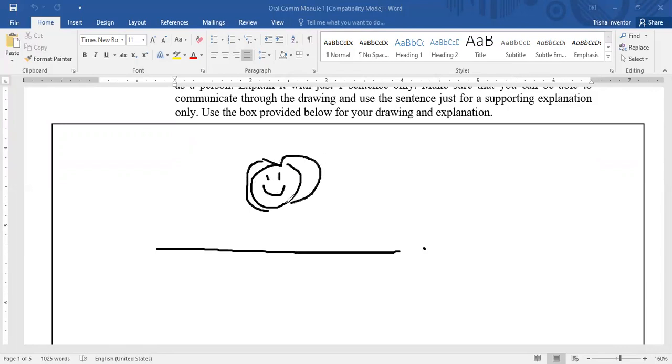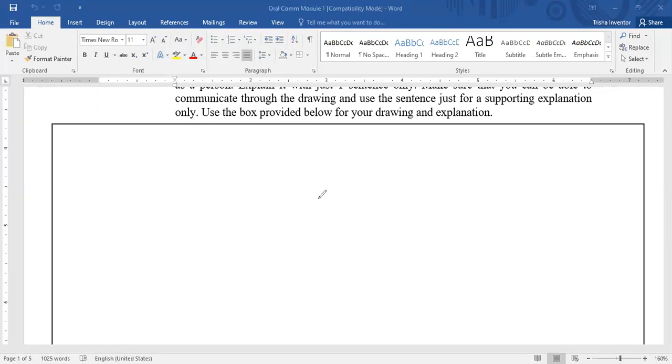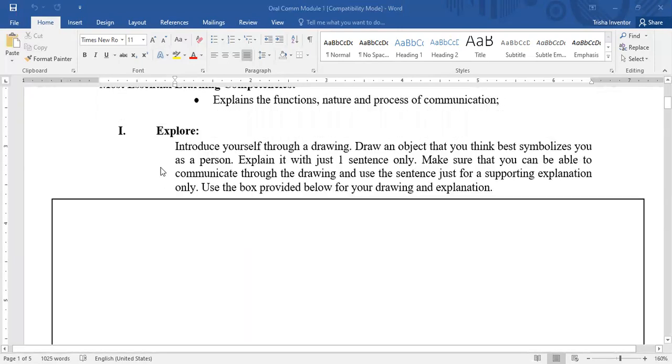You can say, this thing or this object symbolizes me because... Okay, ingon ato ra siya kamubo. All right, so that is for the explore.